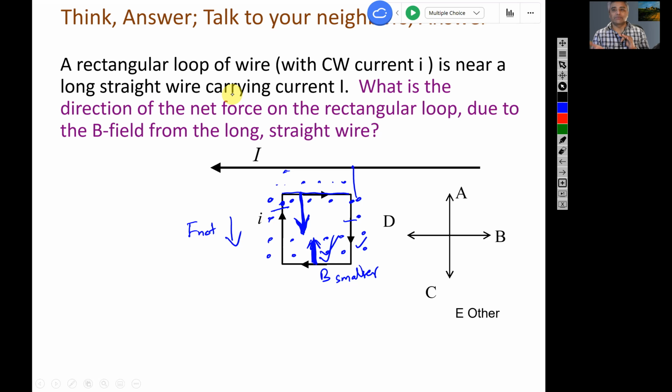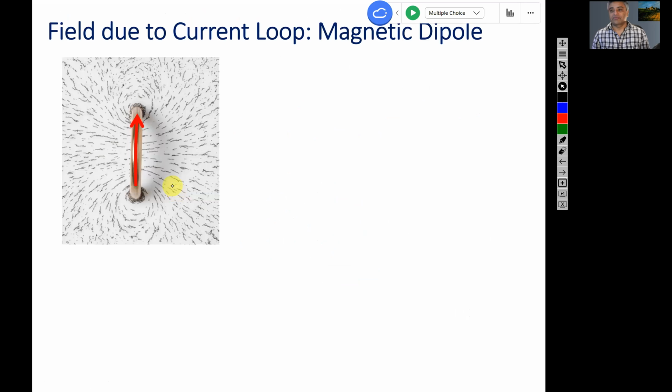So you need to use right-hand rule number 2 to find the direction of magnetic field, and right-hand rule number 1 to find the direction of force. So you need to use both rules here, okay? So that was about the magnetic field due to a straight wire.